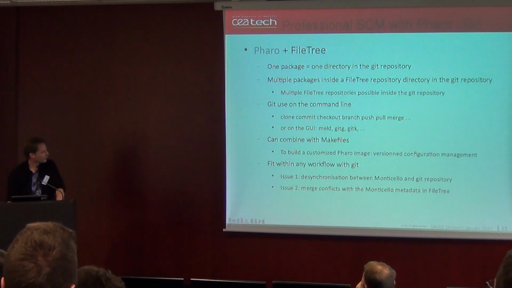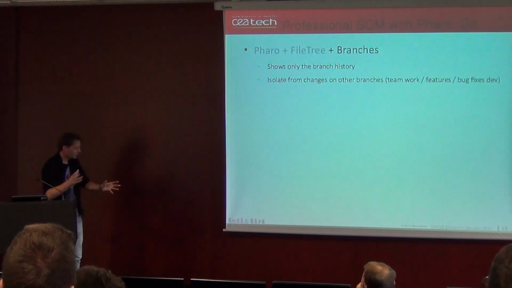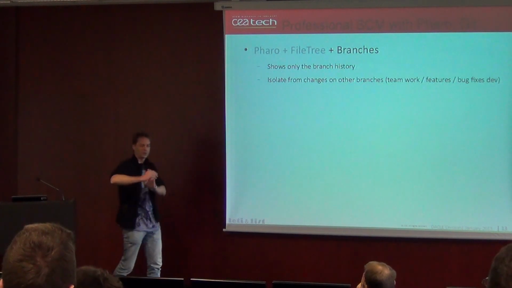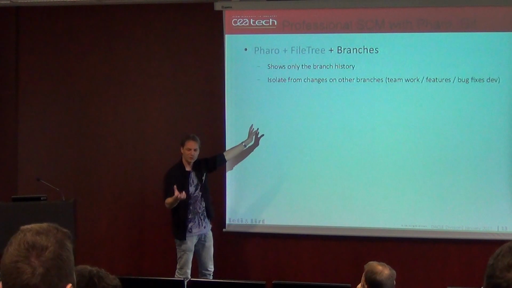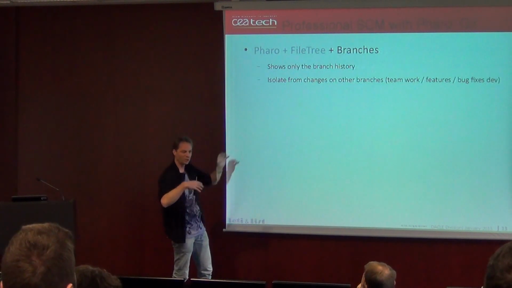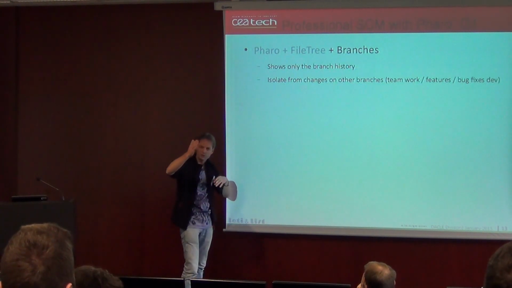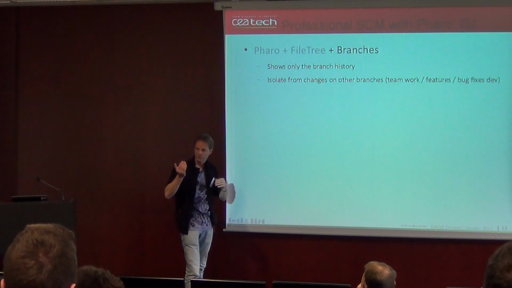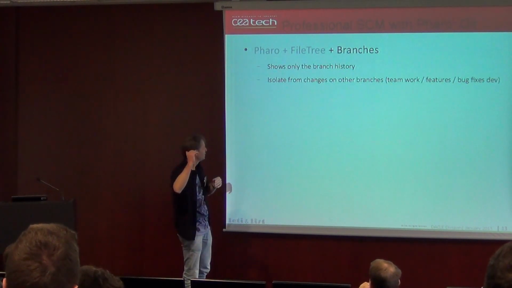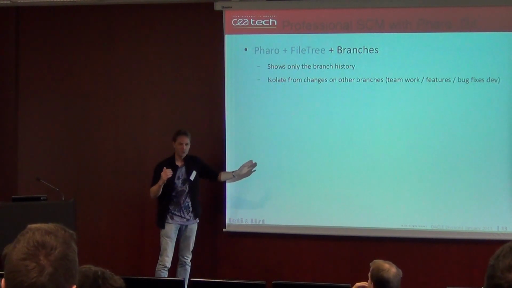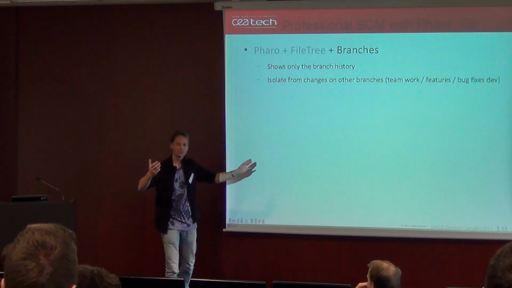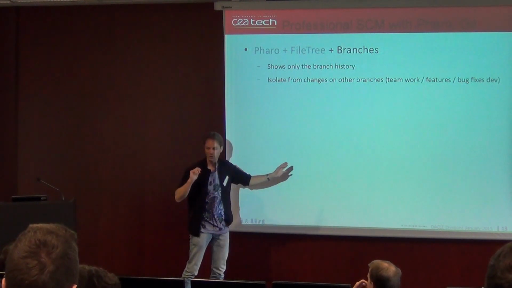Okay, so one of the things you add with the integration then is the branches. Okay, so you see when you go into branches in Git, you see only what is related to that branch. Okay, and especially you see only the head. So you don't see any other changes coming on the other branches. The main difference with the Monticello way of working.